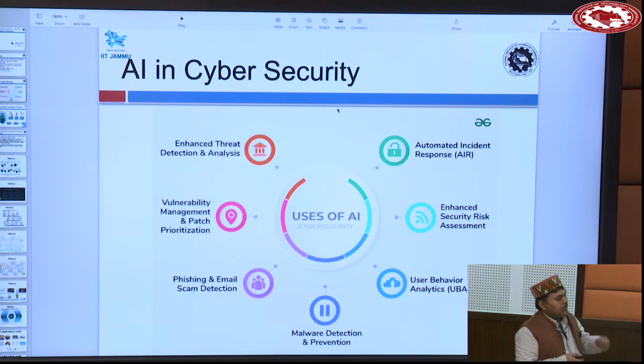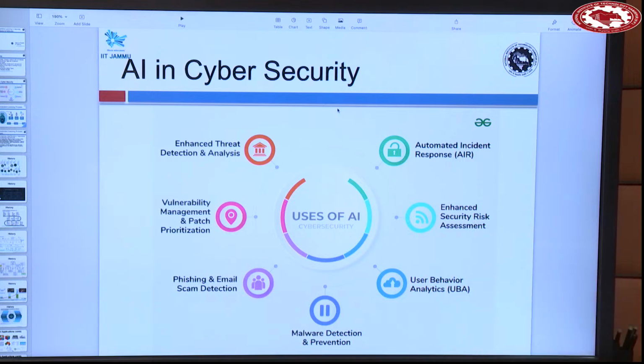We have to build a powerful model so that we can at least protect ourselves. That's the midway story between attack and defense. We are going to innovate to protect ourselves, to protect our model.